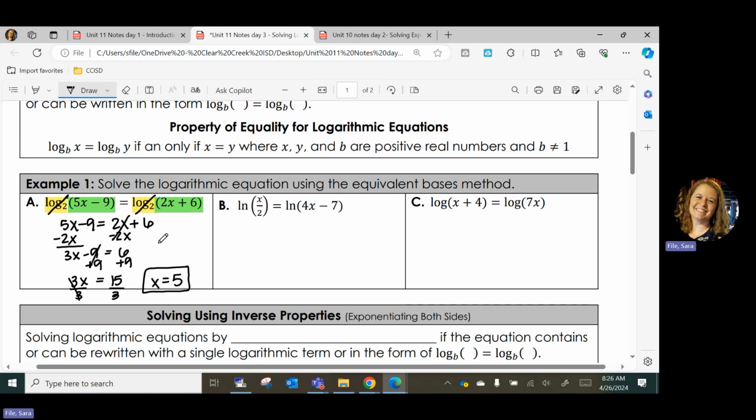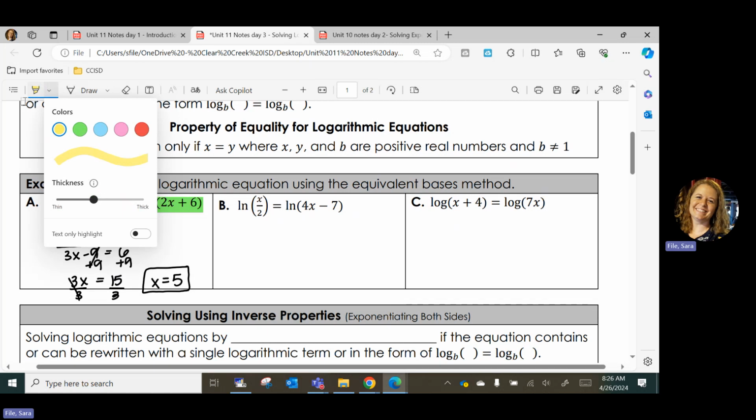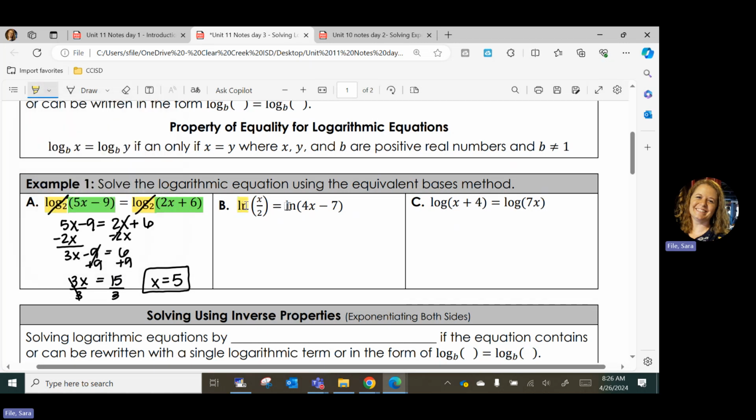In example B, we have the same concept, except this time it's natural logs. I don't see a base, but when we have a natural log, what's the understood base? ln is the special notation for natural log.